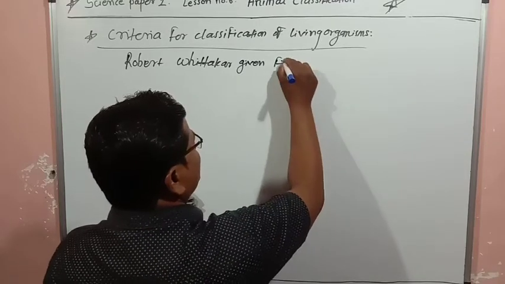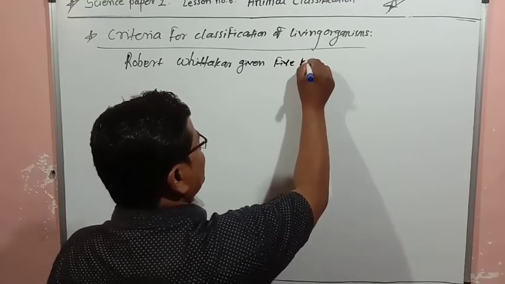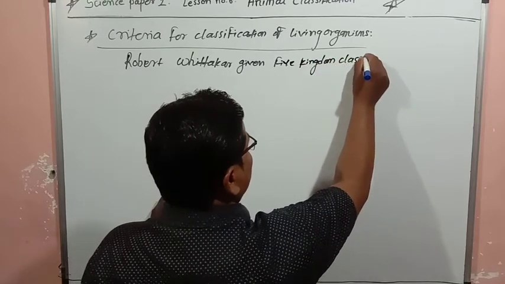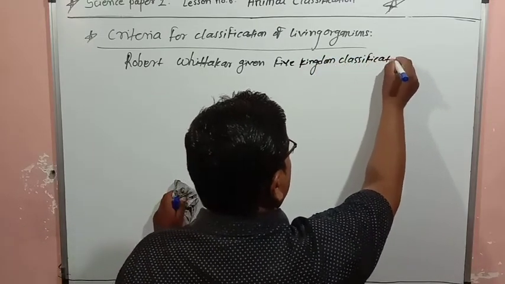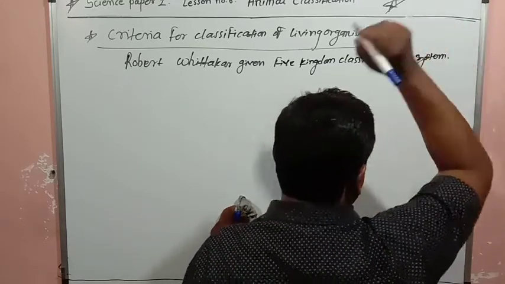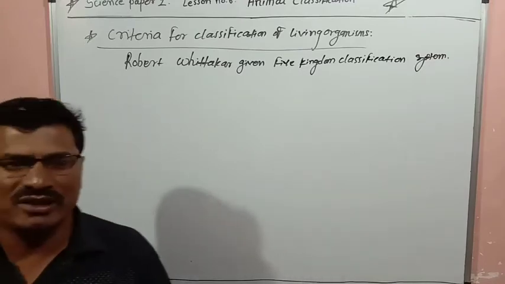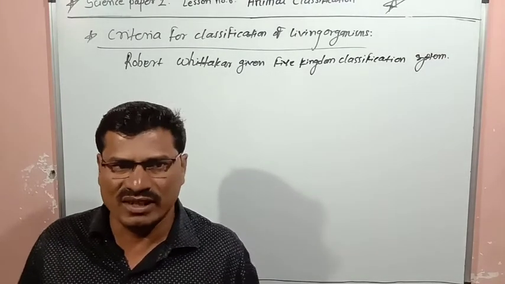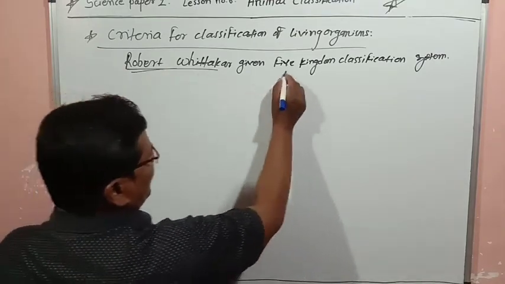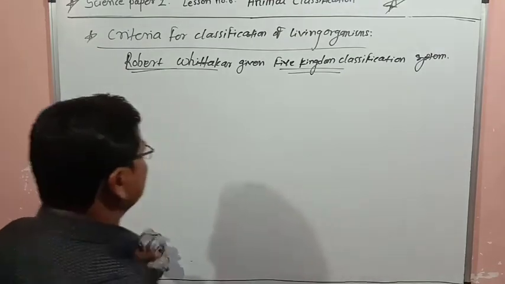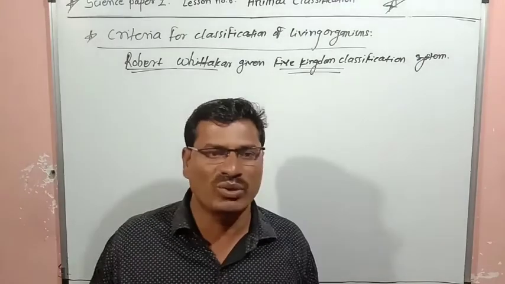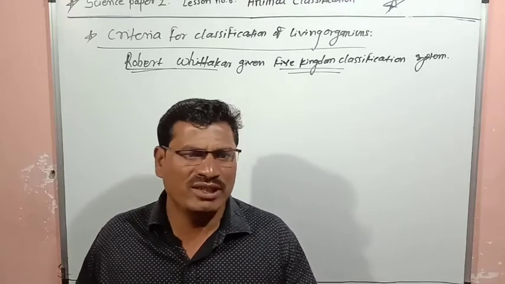While doing classification, we have to remember which points are considered. So we have to remember Robert Whittaker's 5 kingdom classification system, but which criteria were used for the classification of living organisms? We'll see that in detail.